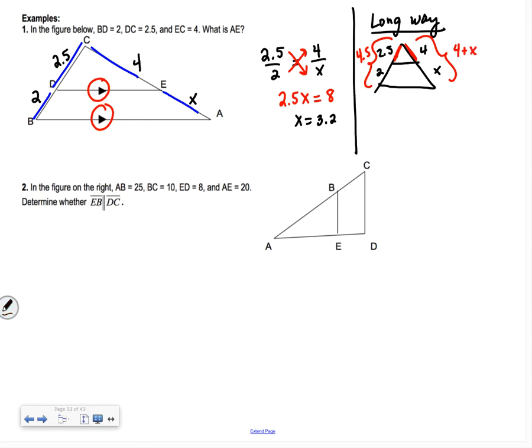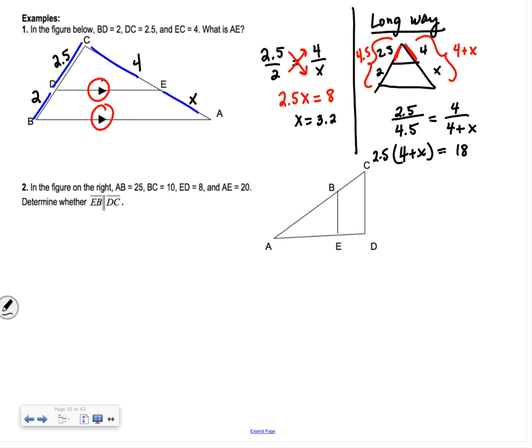If you did it this way, it's fine. You can say 2.5 divided by 4.5 equals 4 divided by 4 plus x. Then you can cross multiply, so 2.5 times 4 plus x equals 4 times 4.5, which is 18. And you should get the same thing.